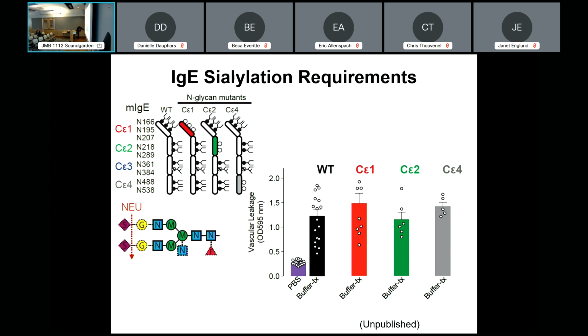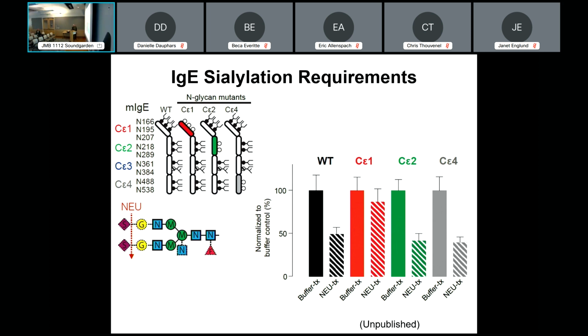And then when we compared the neuraminidase treated to the buffer controls, what you can see is that it's only when we deplete the glycans in the CH1 domain that we lose the phenotype, this attenuation when you remove sialic acid. So we think that sialic acid removal affects glycans in this part of the molecule in the Fab, not anywhere else.